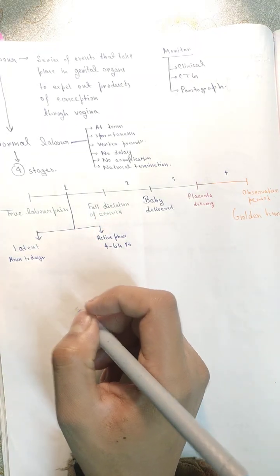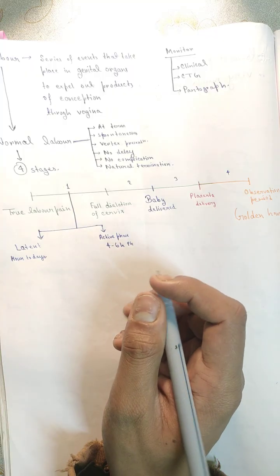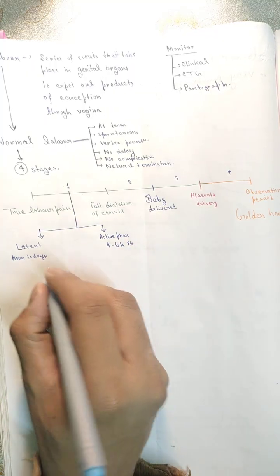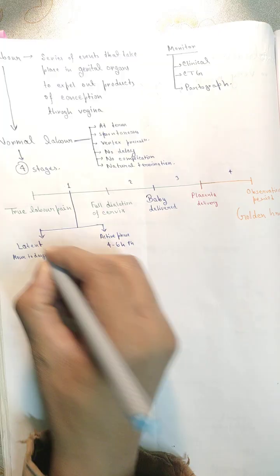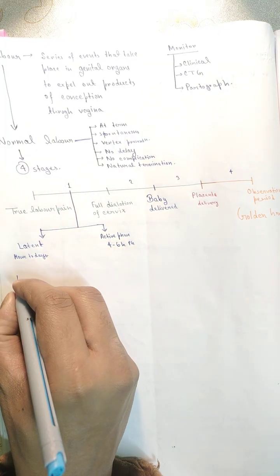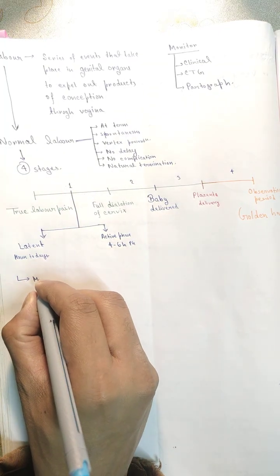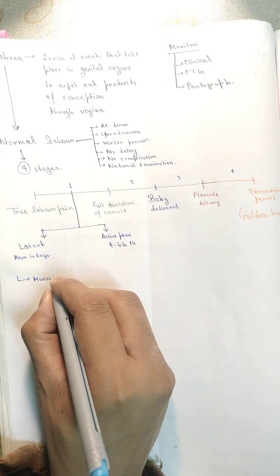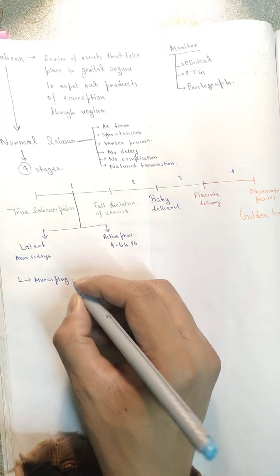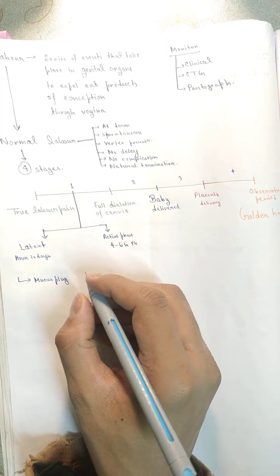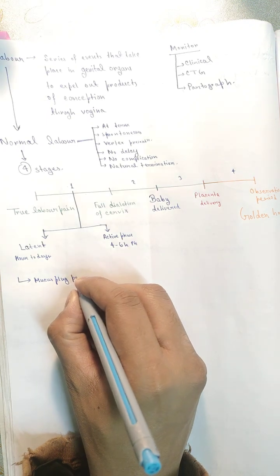Okay, here the first things that happen in first stage are mucus plug passes out.